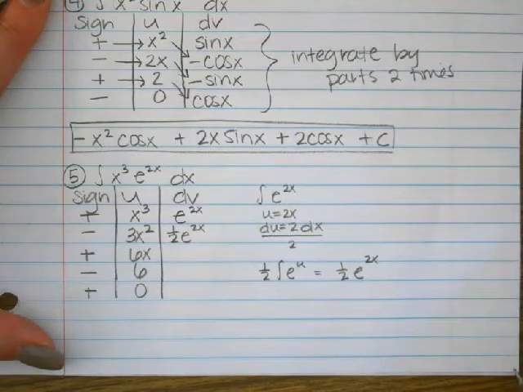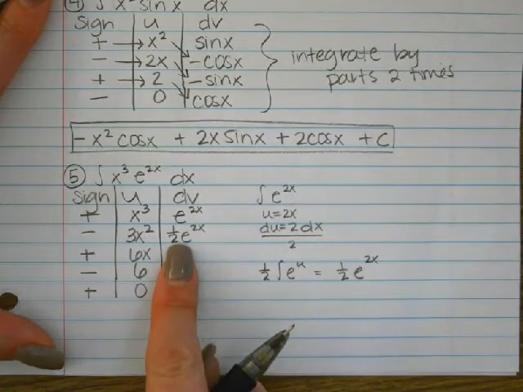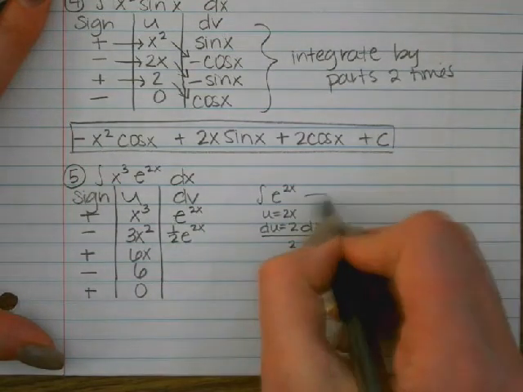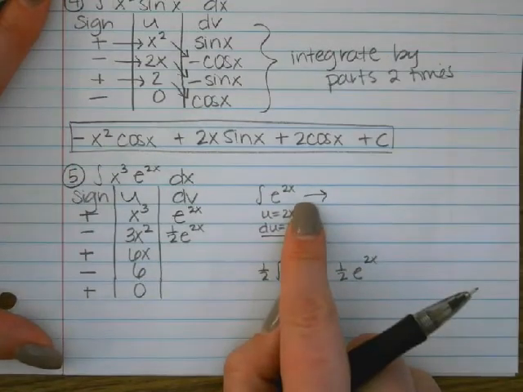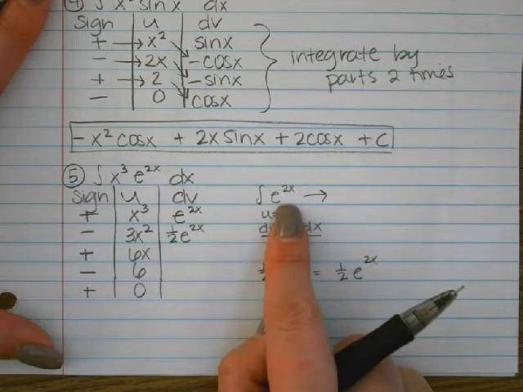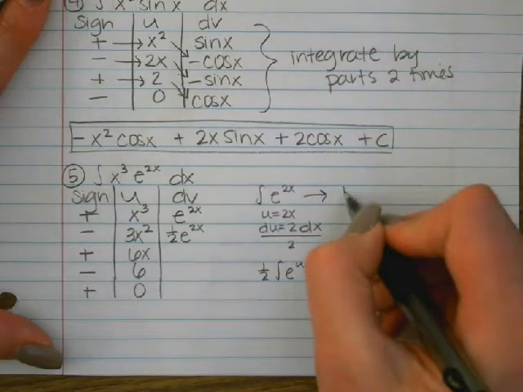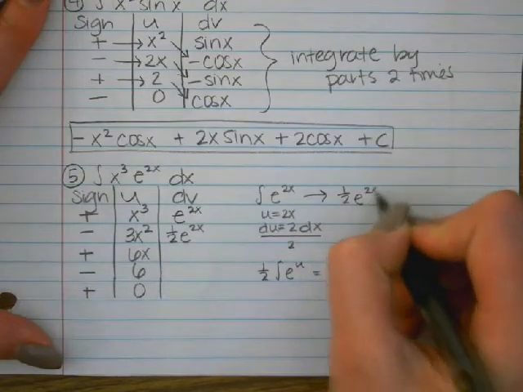Okay? And then I have to integrate 1/2 e to the 2x. Yeah, you guys are like, I hate this. So here's what I'm going to write. I'm going to say the integral of e to the 2x becomes 1/2 e to the 2x. I'm going to keep that in mind, right?